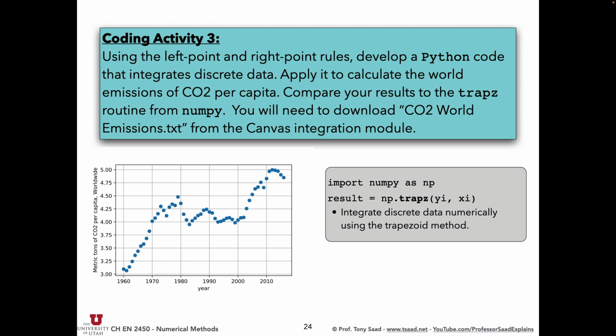Just fit a polynomial like we did with interpolation between 1, 2, or 3, or 4 points, and then integrate that analytically to come up with the formula. And this could work whether you have discrete data or an analytical function. The left, right, and midpoint rules are the simplest examples of that, because they are polynomials of order 0. They're just constant. You pick a constant in that interval.